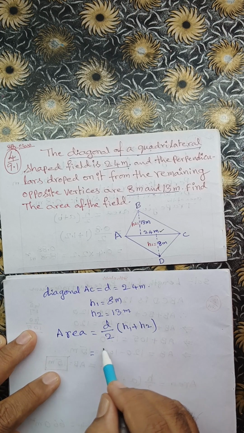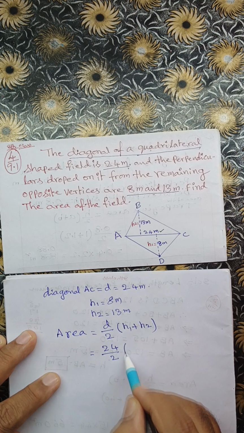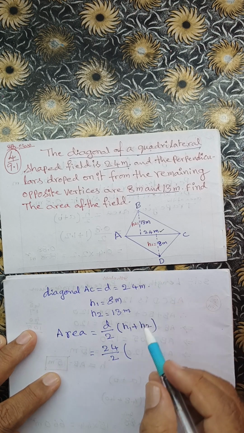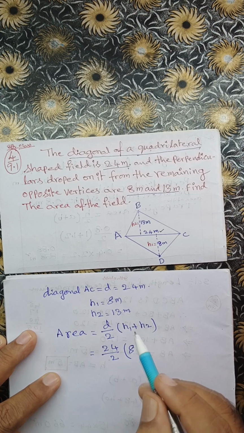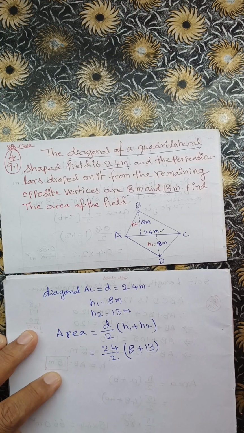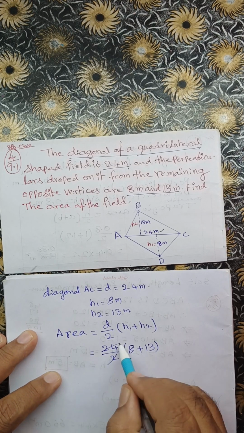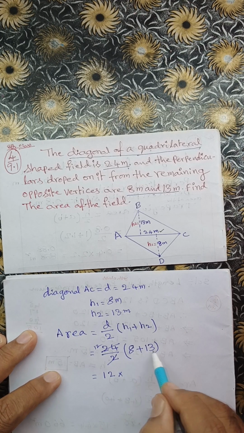So, d value is 24 by 2 into h1. What is h1? 8 plus what is h2? 13. So, 8 plus 13. 2 ones are 2, 2 twelves are 24. So, it is 12 into 8 plus 13.